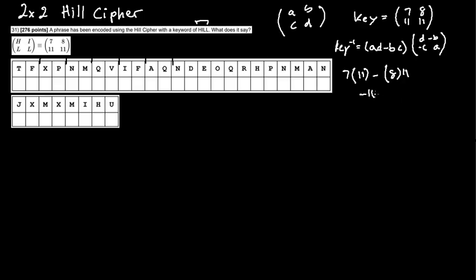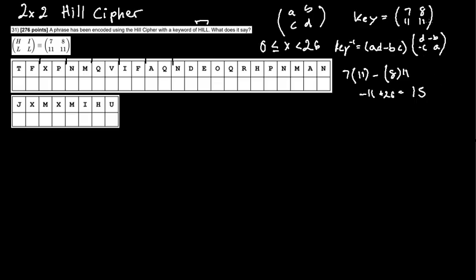So you either add or subtract 26 until it's greater than or equal to 0 and less than 26. So if we add 26 here, we get 15. That's the determinant.